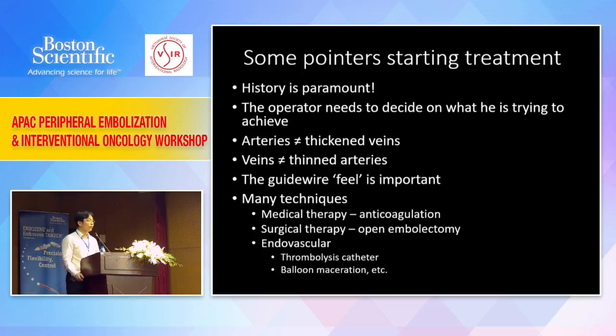The guidewire feel when we are doing this procedure is extremely important, and for those of us who've been doing IR for a while, you know exactly what I mean. There are many things that can be done, not just endovascular but also medical therapy, anticoagulation, which is what a hematologist will want to do, and surgical therapy, which is open embolectomy, and what we can do endovascularly.